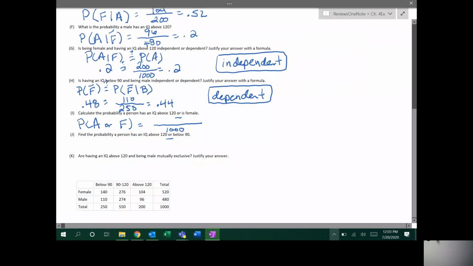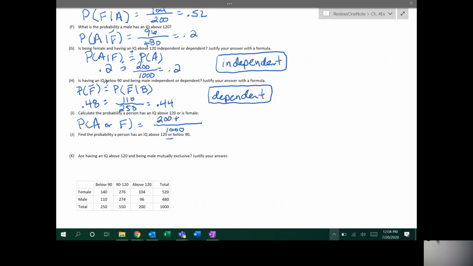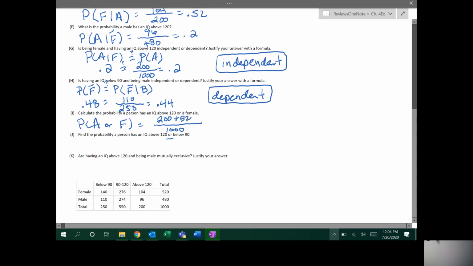Sorry, that keeps happening. So the number of people in A are 200, plus the number of people in F are 520, minus the addition principle says we need to subtract out the people we've counted twice, which in this case is 104.